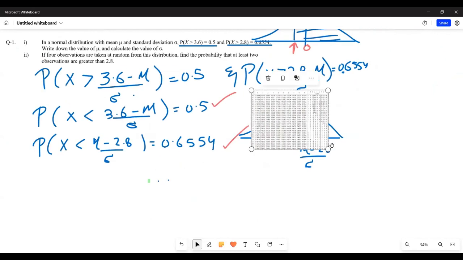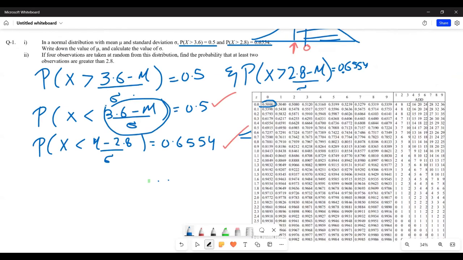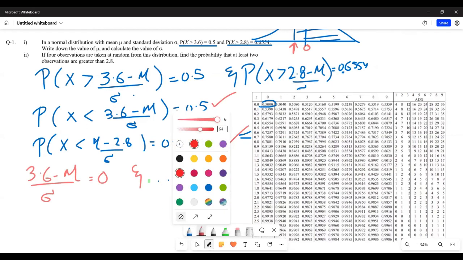Okay, let's see. So the first probability is 0.5. 0.5 is right here. So the value would be 0.00. So (3.6 minus mu) upon sigma is actually just 0. And where's 0.6554?